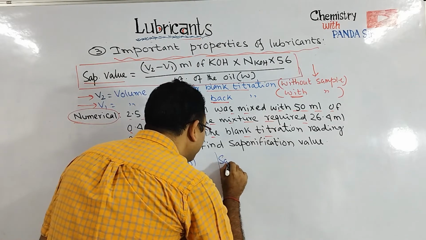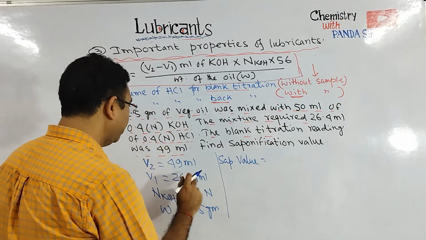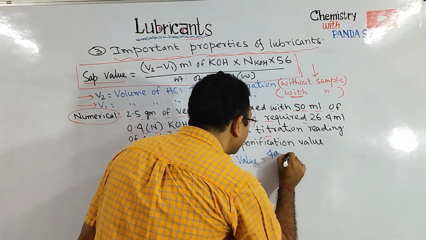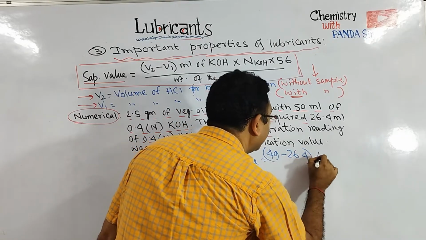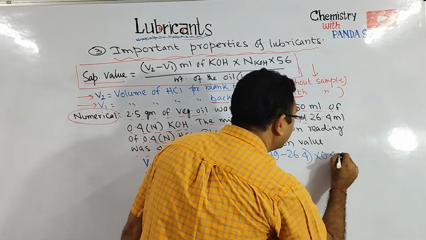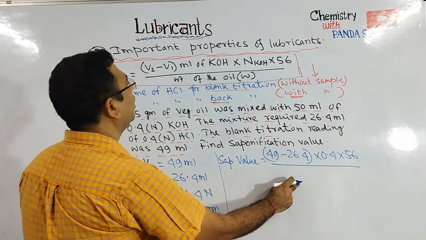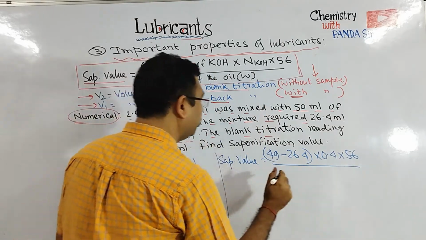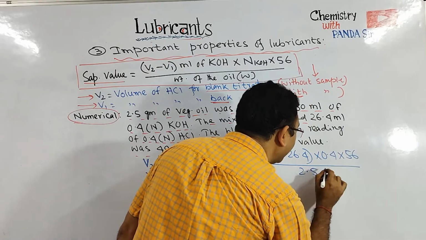Saponification value is (49 minus 26.4) into 0.4 into 56, divided by the weight of the oil, which is 2.5 gram.